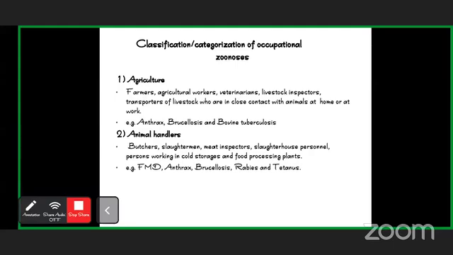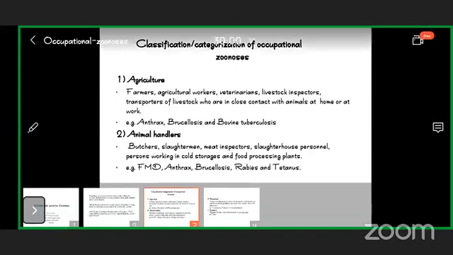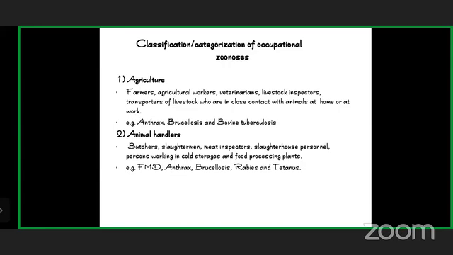Please go ahead. Okay. In the earlier slide, I explained about zoonotic diseases and the entire term occupational zoonotic diseases. Now I would like to go through the classification of occupational zoonotic diseases. As I explained earlier, individuals indulge in various occupations, so the kind of zoonotic diseases that they encounter in their occupation also varies.